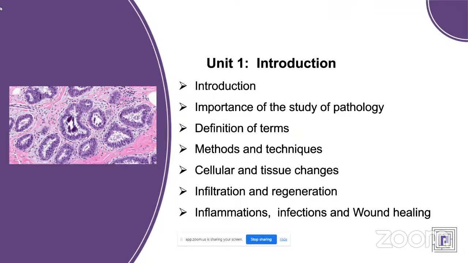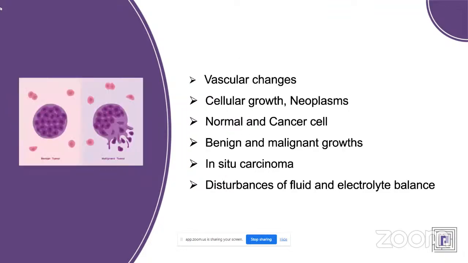All these chapters under this unit are discussed. We have to concentrate more on inflammation, infection, and wound healing, because these topics are more important for exams. Okay, let us proceed to the next slide.